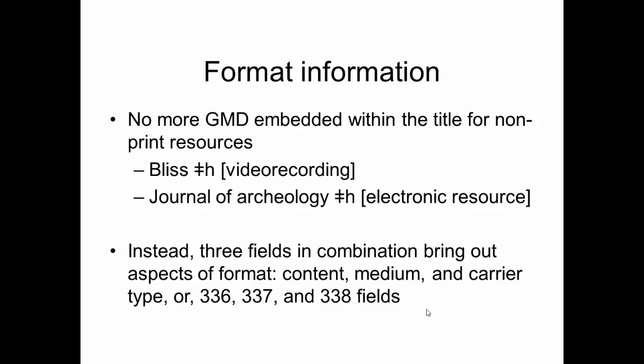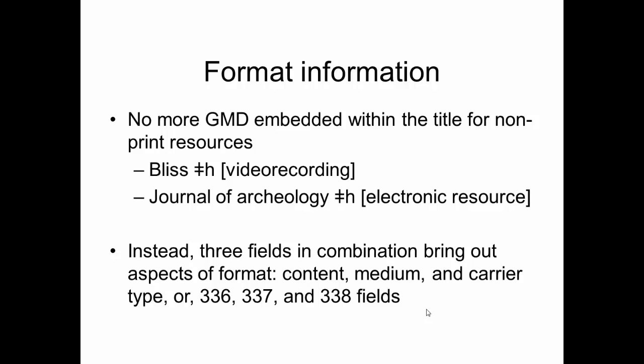One of the big changes between AACR2 and RDA is how we convey information about format. GMD stands for General Material Designation. The words in GMDs describe formats in brackets in the middle of the title field. Examples are video recording, sound recording, and electronic resource.